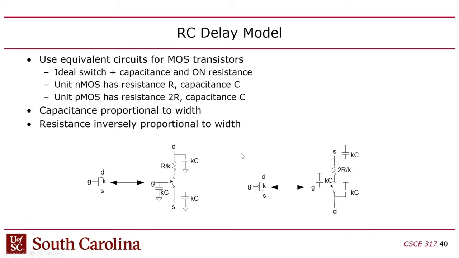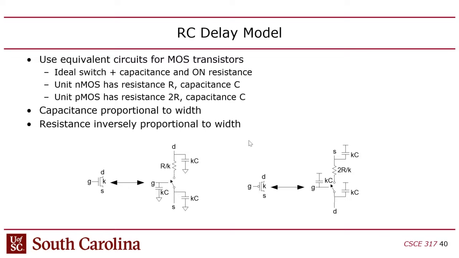Now the capacitance is going to scale with the size of the gate. When I say size, I mean width, because remember, length is always minimal, but we can vary the width. In fact, we do vary the width, at least for the PMOSs. They're supposed to be twice the size of the nMOS.